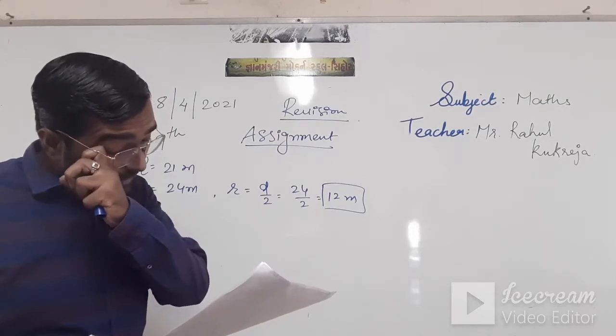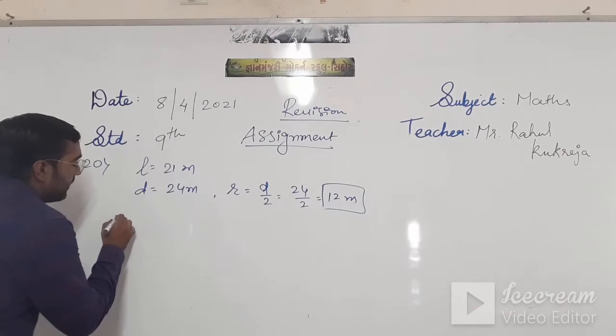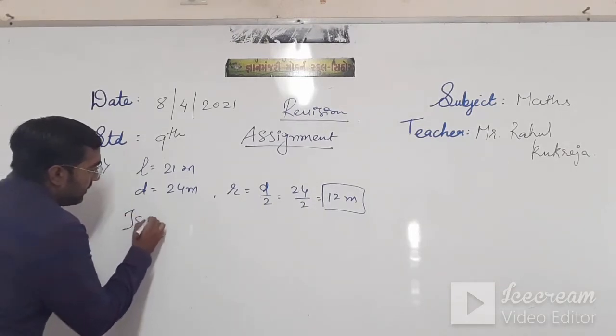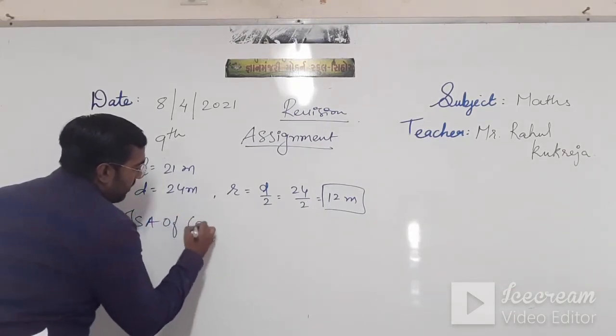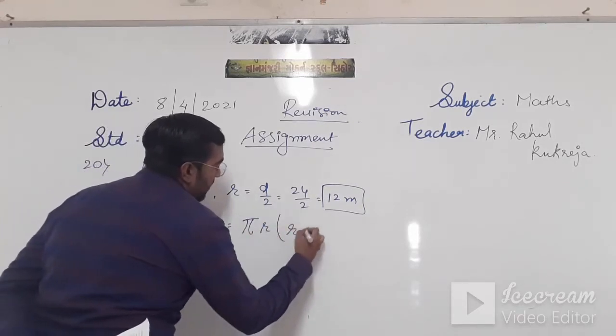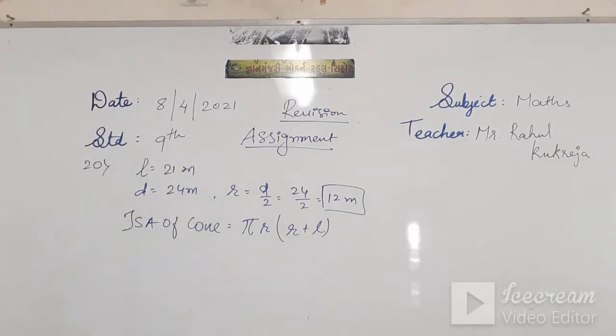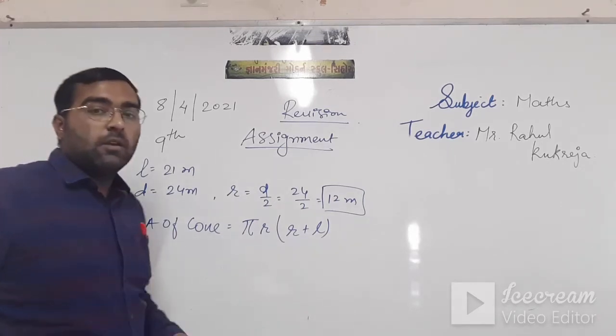Now find the total surface area of the cone. The formula for TSA of a cone is pi r (r plus L). Clear?